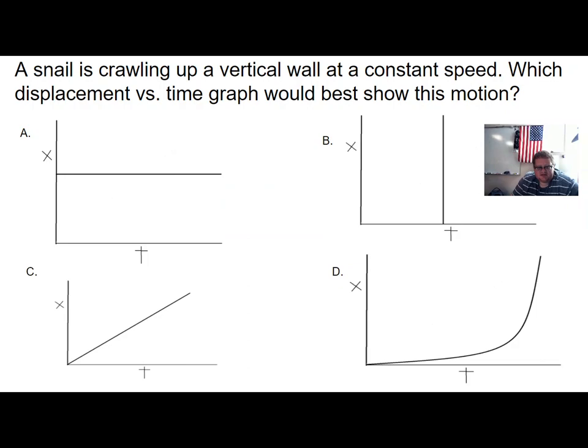B is my favorite answer because B is undefined, right? It doesn't mean anything. It doesn't have any kind of physical significance because it's undefined. Think about it like this. This is what B represents. At the beginning, where's the snail? The snail's nowhere. He doesn't exist here. At 1 second, oh, he still doesn't exist.